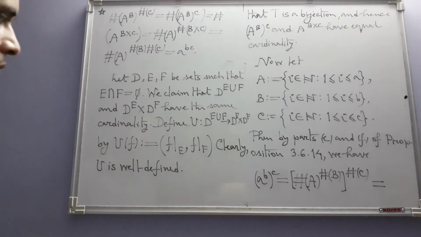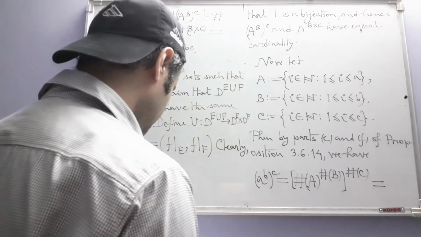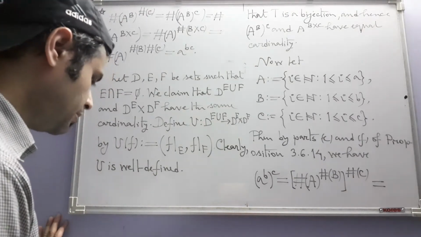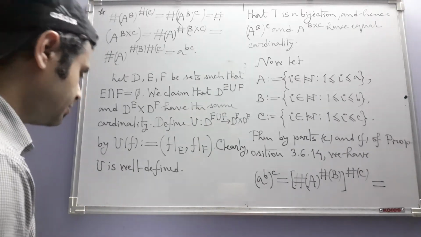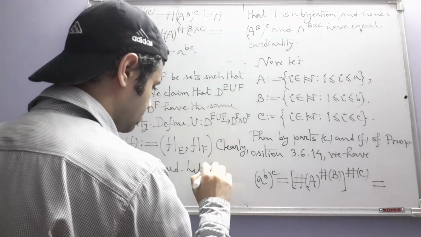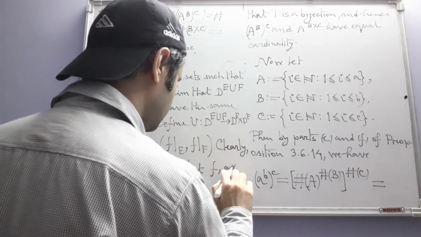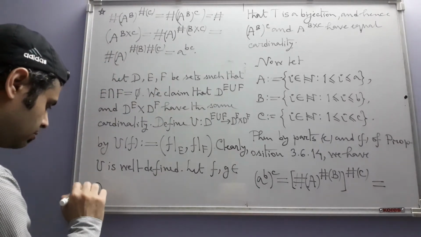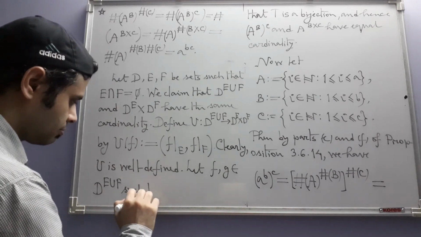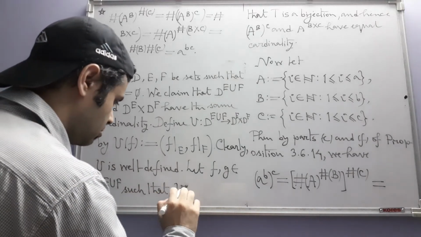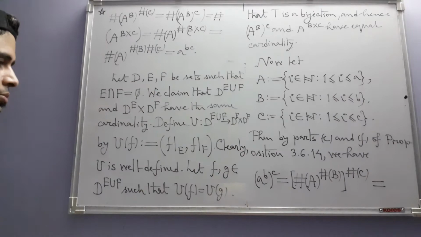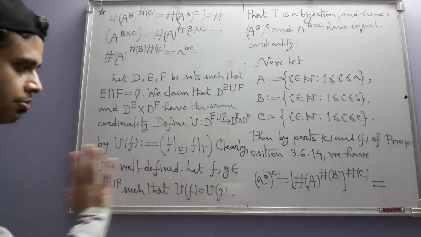We now prove that u is 1 to 1. Well, there are many things actually, I will have to carry out the proof. Let f and g be two elements in this, such that uf is equal to ug. We have to prove that f is equal to g, then u will be 1 to 1.